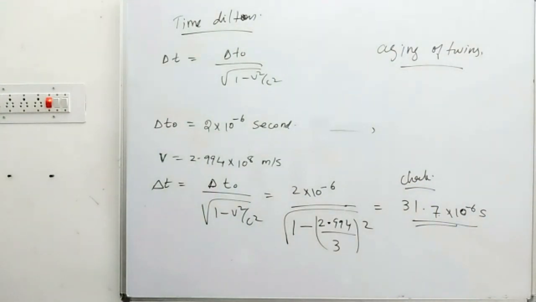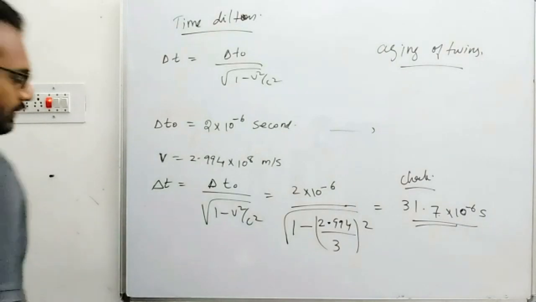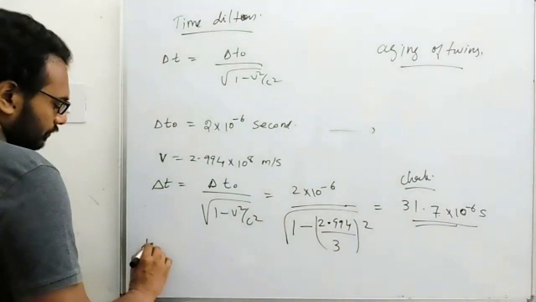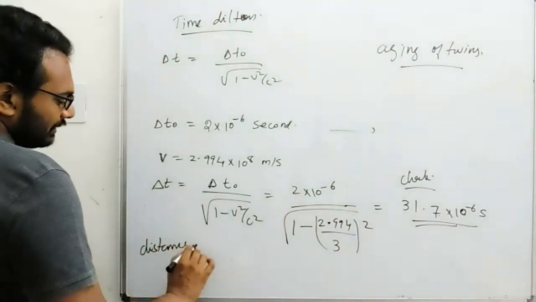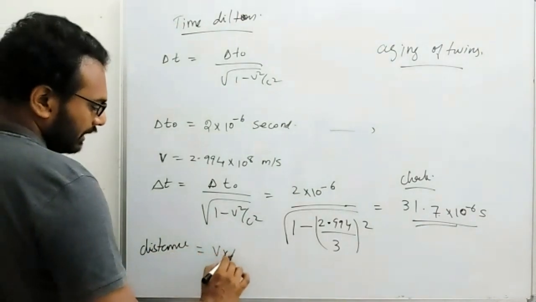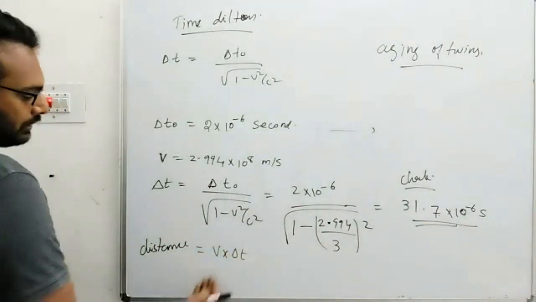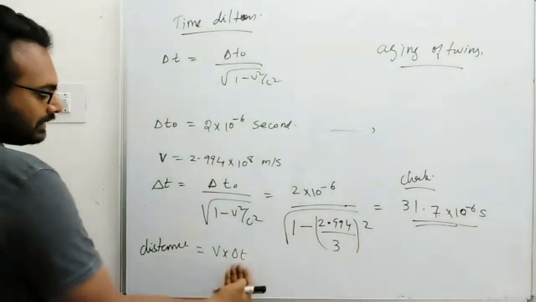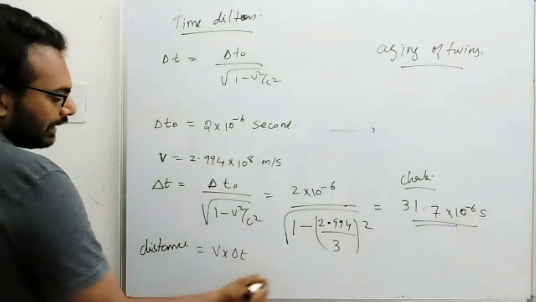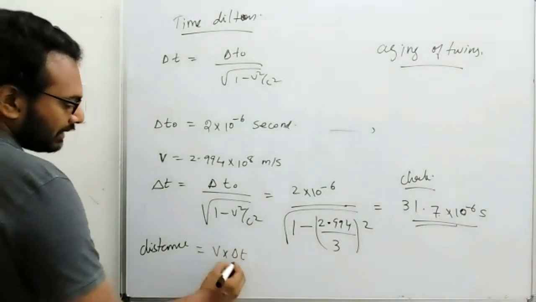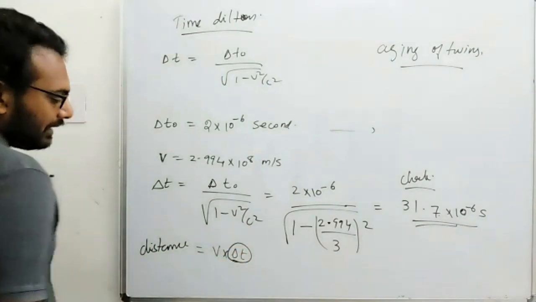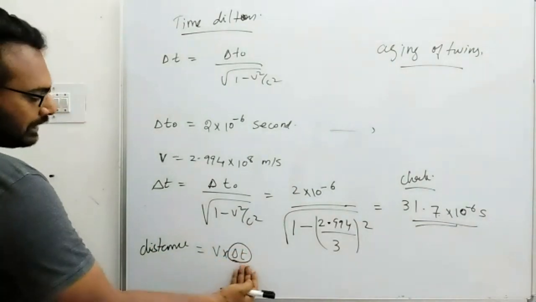So what's the distance traveled by this muon? You know that the average distance is its velocity multiplied by its lifetime. How far can it travel if it decays in a time interval delta t?